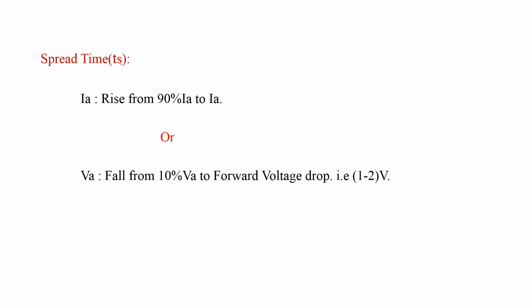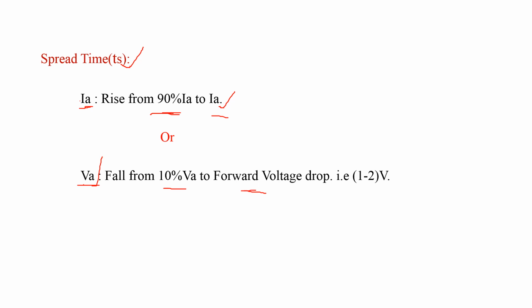Similarly, coming to spread time, the time taken by the anode current to increase from 90% of IA to the maximum value of IA, that is in terms of anode current. And in terms of anode voltage, the time taken by the anode voltage to decrease from 10% of VA to the forward voltage drop.